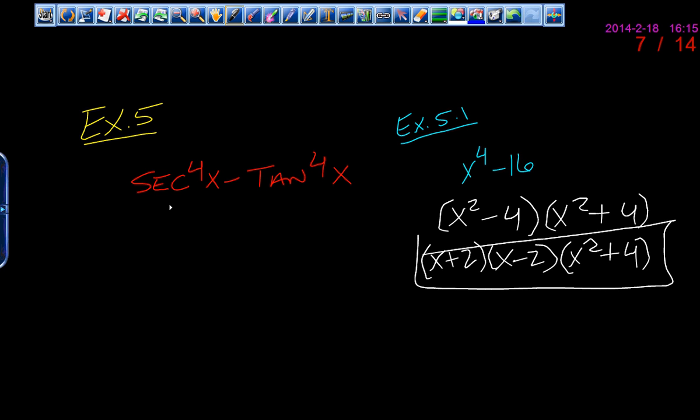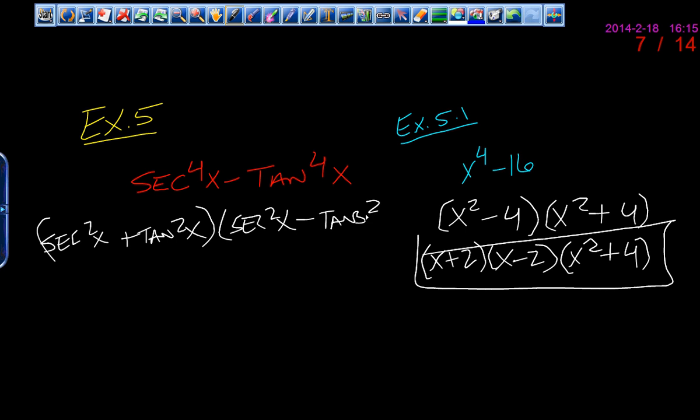So we're going to use that same logic here. It's going to be secant squared x plus tangent squared x. And then you probably guessed it, secant squared x minus tangent squared x. Sorry. Cool. Then we can break this second part down.